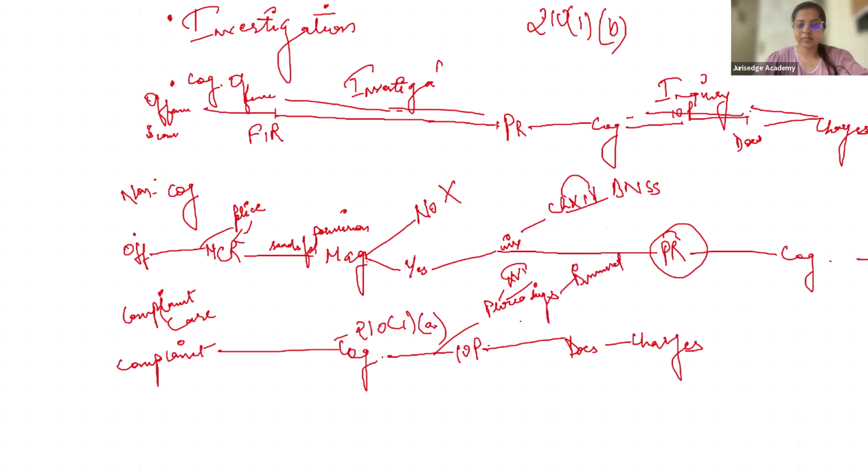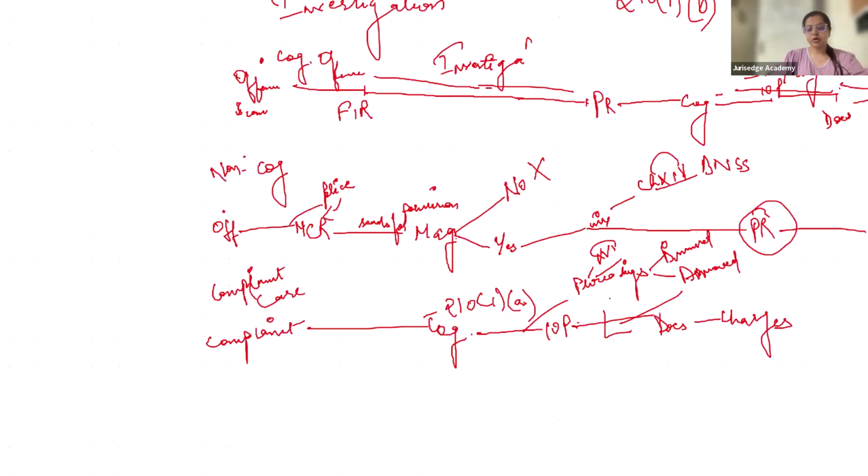If the complaint is approved, then the witnesses are called and the accused is called, or the accused are called. So if this is the scenario, then there should not be any kind of investigation and there should not be any kind of police involved in complaint cases. But this is not the thing.